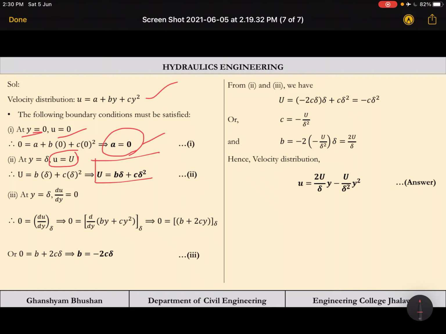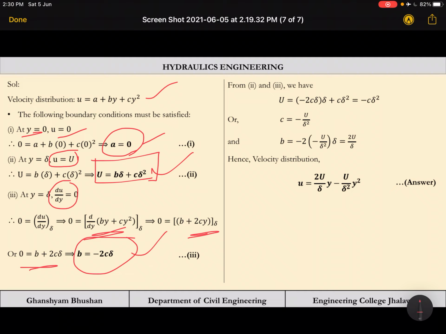So from here you will get capital U equals b delta plus c delta square. At y equal to delta, du by dy is 0. So differentiate this equation; a is already 0, and put the value of y as delta. You will get b plus 2 c delta equals 0, so b is minus 2 c delta. So you have two equations and two unknowns.